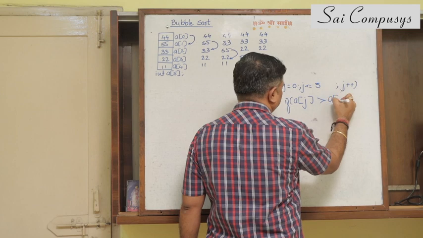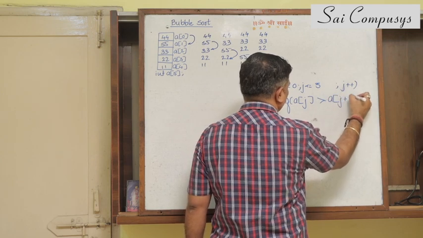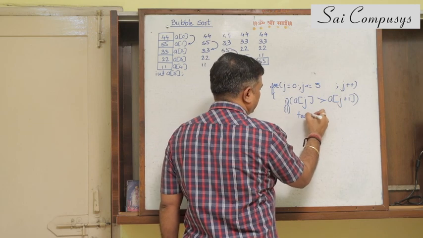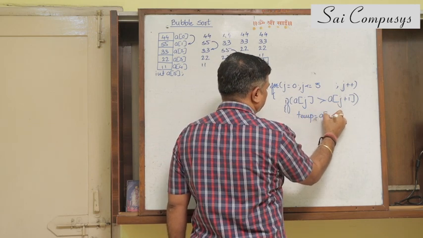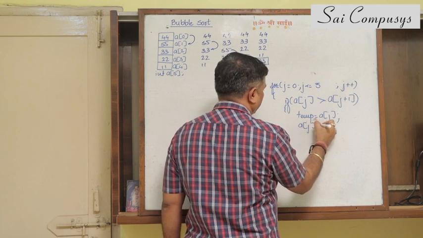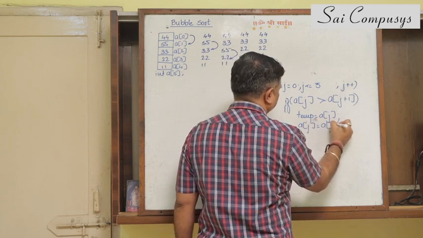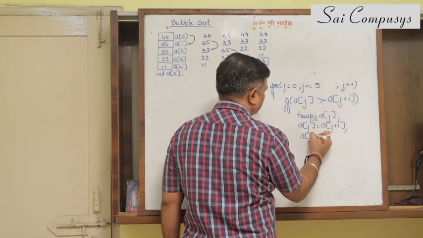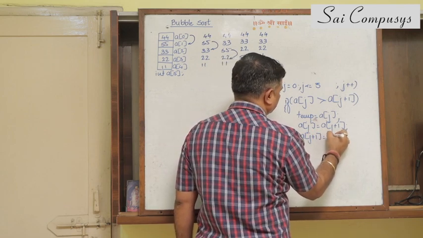So each A of j will be compared with j plus 1. And if it's greater, then again I have to interchange like last time. I'll say A of j equals A of j plus 1, and A of j plus 1 equals 10.